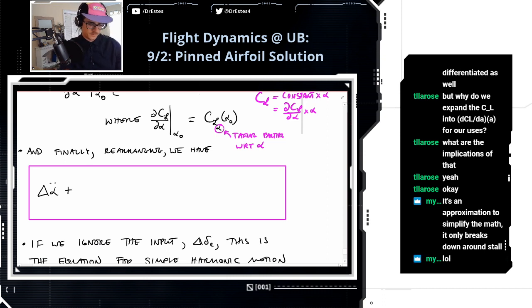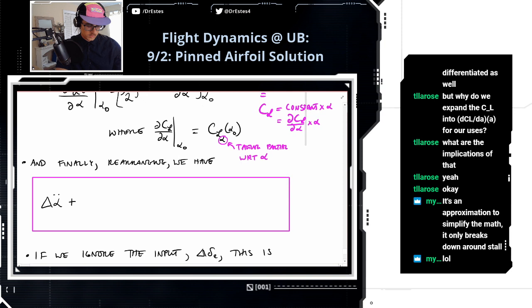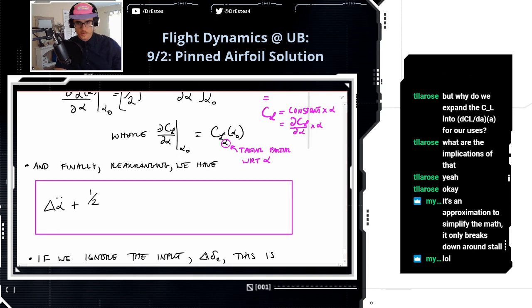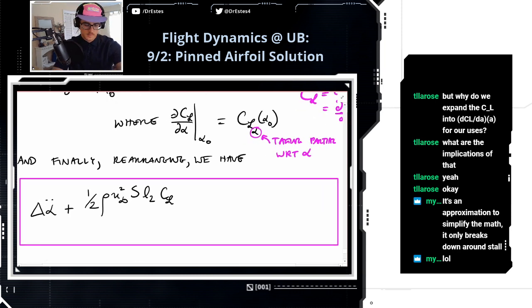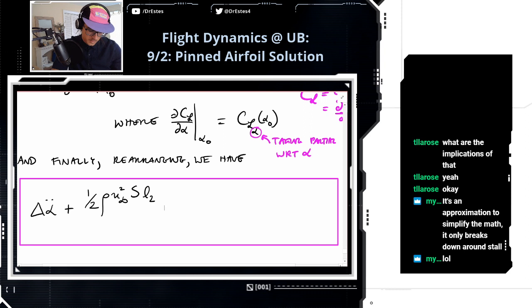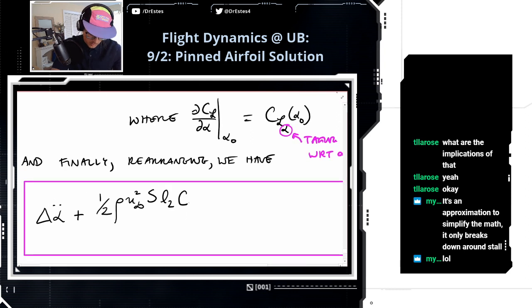Okay, so I'm rewriting our perturbation equation. Rho u infinity squared S, that's the area, L2, and then instead of the lift itself, we're writing this in terms of the coefficient of lift.